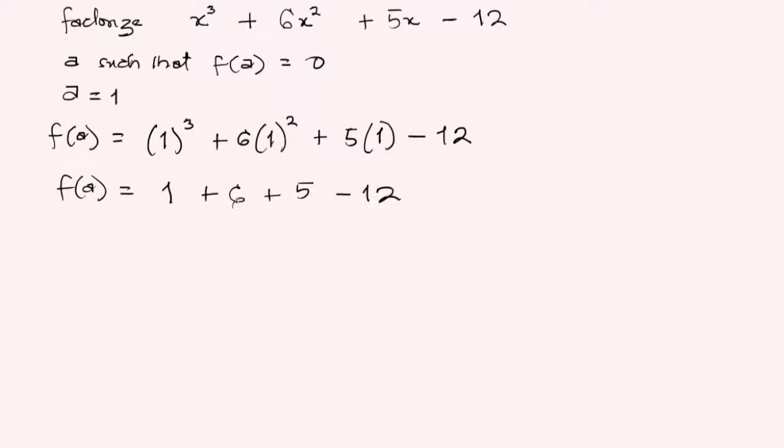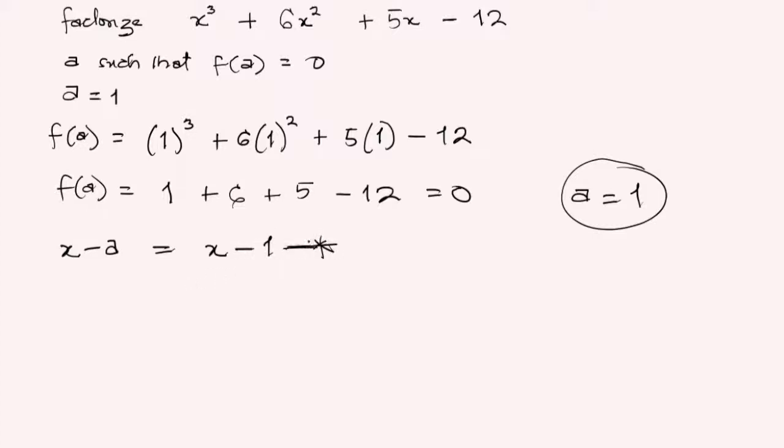So 1 plus 6 is 7. 7 plus 5 is 12. 12 minus 12 is equal to 0. Definitely a equals 1. So our value for a that we're actually seeking is 1. So x minus a is equal to x minus 1. So we know our first factor. x minus a is our first factor for this polynomial.